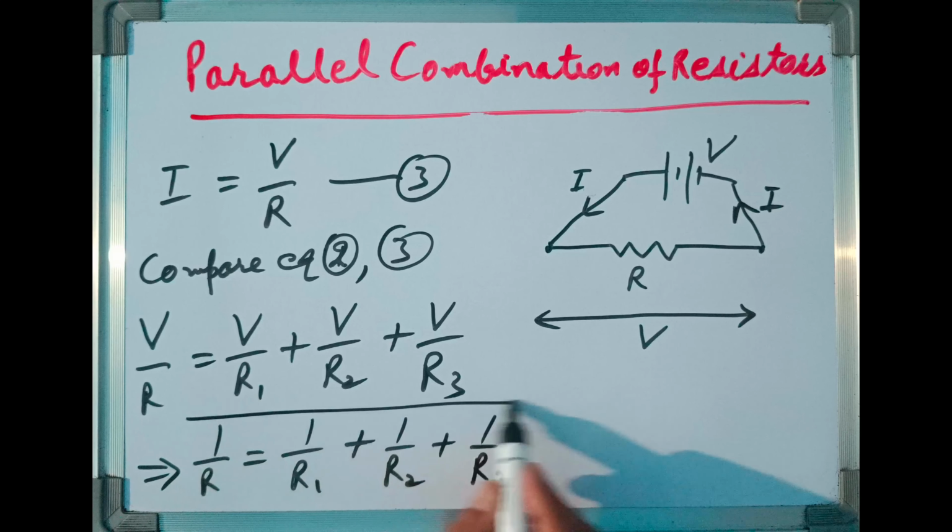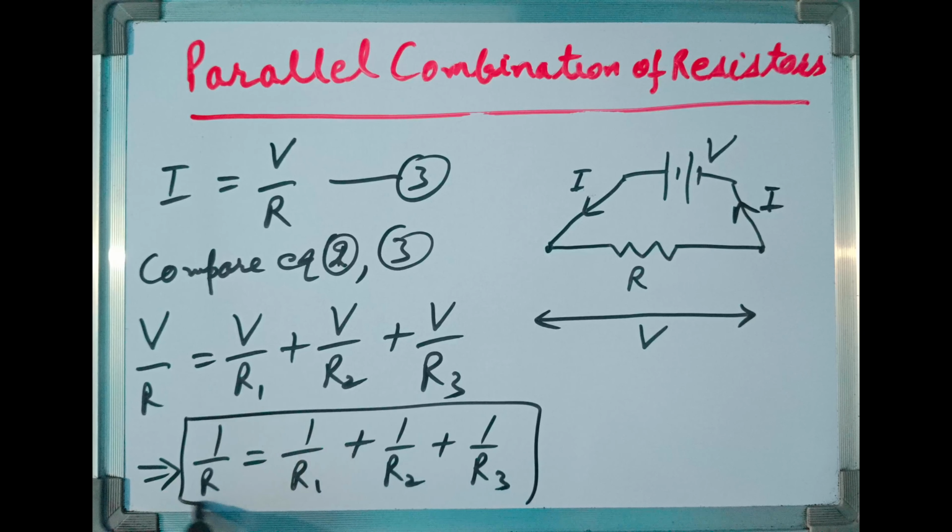So this result gives us the value of the resistor that is equivalent to the parallel combination of three resistances. So it is clear that the reciprocal of the equivalent resistance is equal to the sum of the reciprocals of the individual resistances, which are connected in parallel to each other.